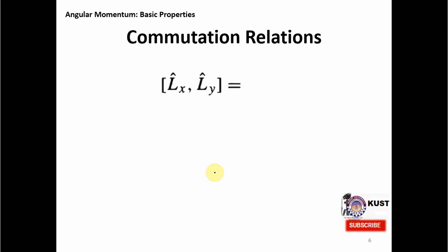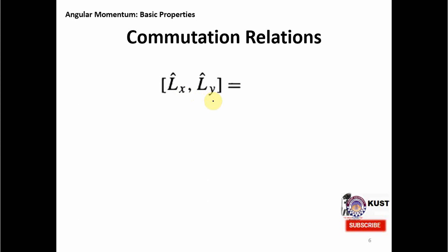Now in terms of angular momentum, we would like to see whether any two components of angular momentum are uncertain or not. That is, whether they can be specified with 100% accuracy and simultaneously or not.